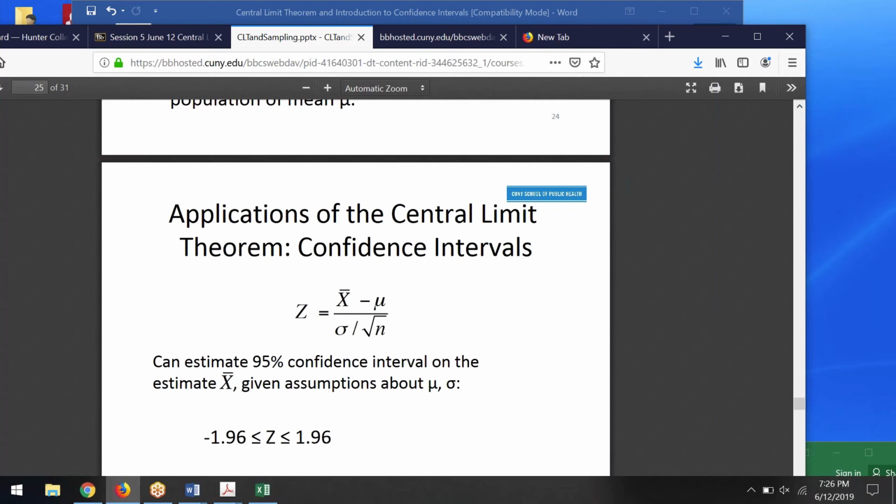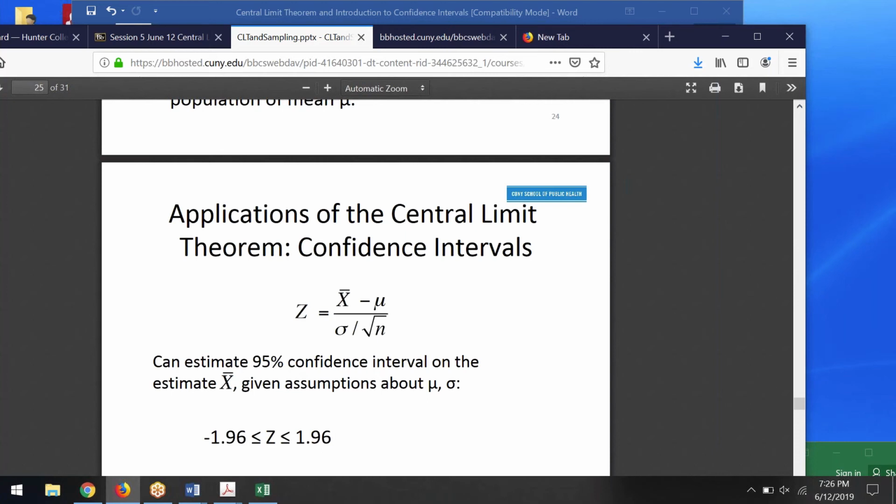Now, sample size is 100, so my standard error would be 10 divided by the square root of the sample size, which is 100, which is 10. 10 over 10 is 1. So my standard error is 1.